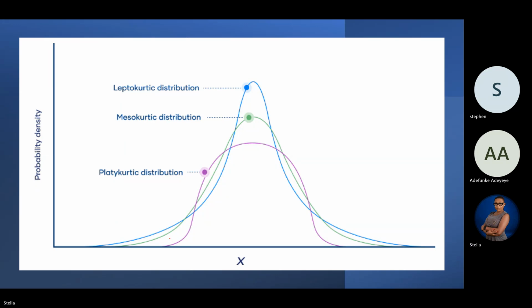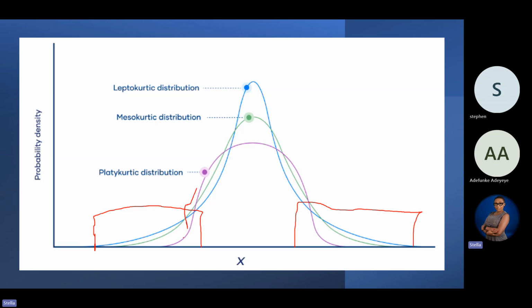Focus here. Those are the tails for kurtosis. Notice the tails. This is the platykurtic, this purple, right?